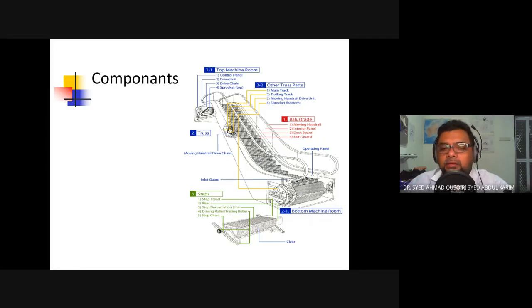And then we have other features such as the operating panel, where we can start and stop the escalator, and the inlet guard. In terms of the steps itself, we have the tread, the riser, the step demarcation line, which we usually see in yellow, the driving roller and the trailing roller, which move at the main track or traveling track, and of course the step chain.